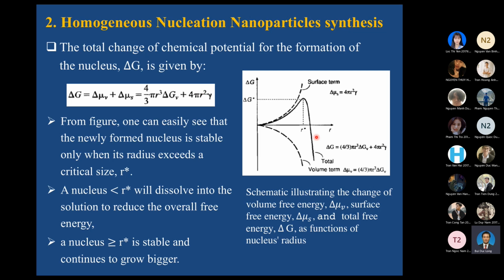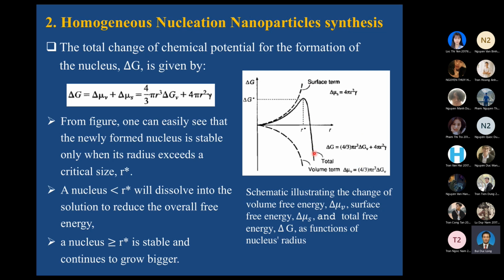People plot the energy of the system versus the radius of the nucleus. This is the surface energy, this is the volume energy, and this is the total energy delta Z, equal to the surface energy plus the volume energy.